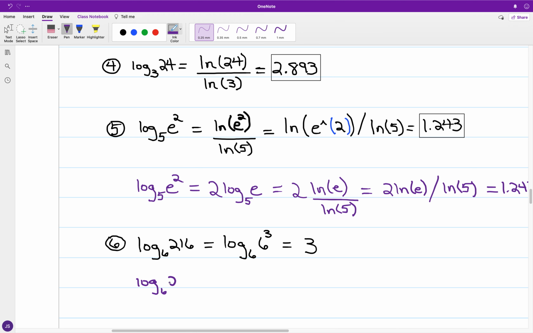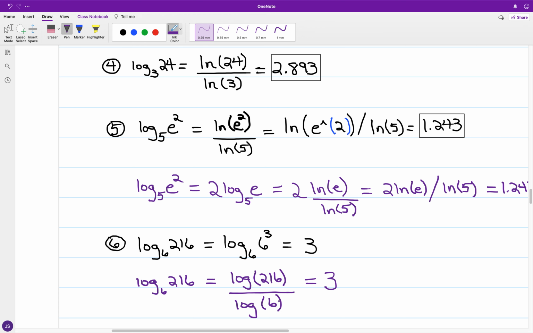If I had the base 6 logarithm of 216, had I used the change of base formula, whether it's the natural or base 10 logarithm of 216 over the matching base of 6, again it could be ln or log in the numerator and denominator, and the reduction is still going to be the same, where we end up at 3.